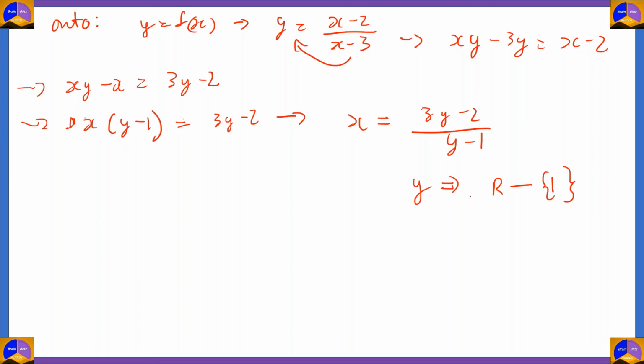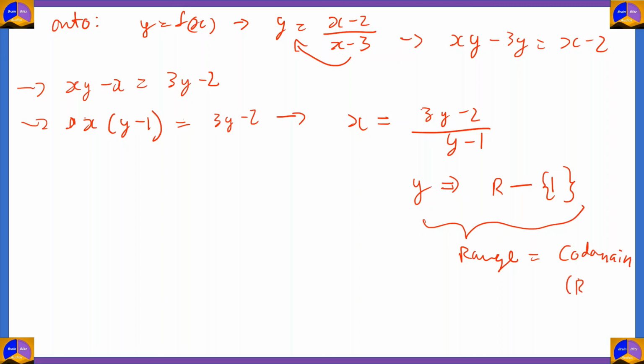So the domain of y, which is the range of x, is R minus 1, so this is our range. And it is equal to the codomain.